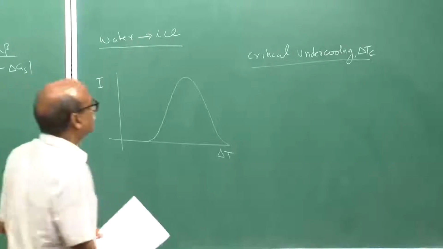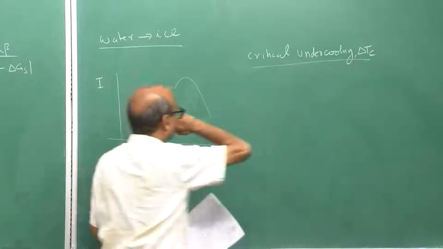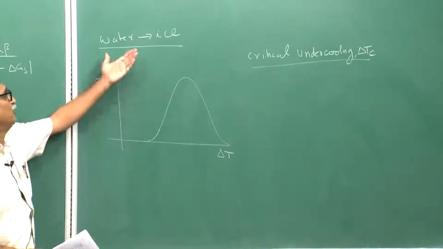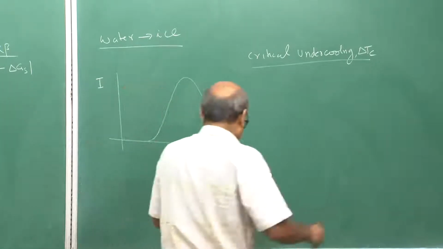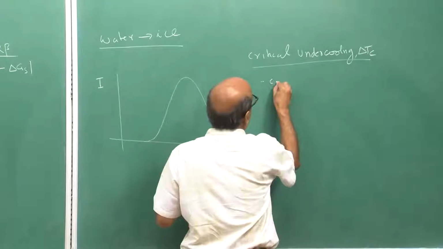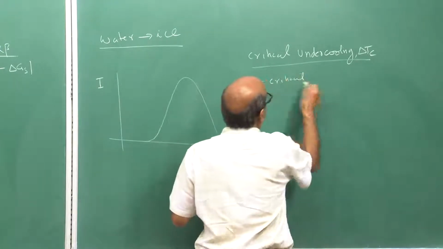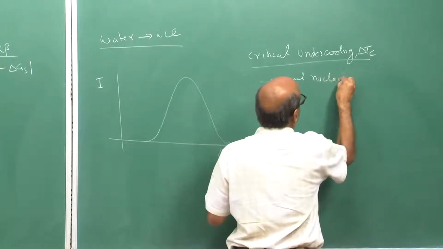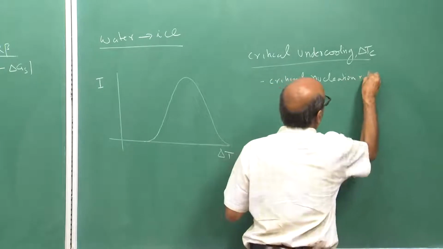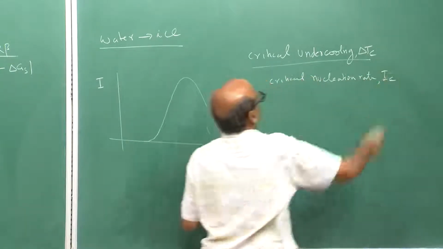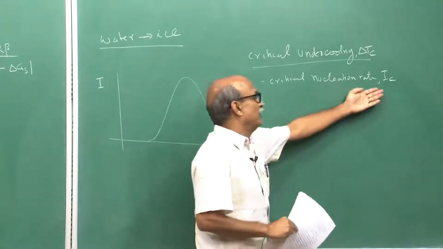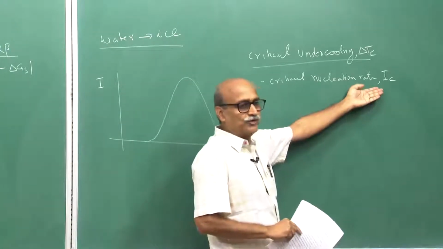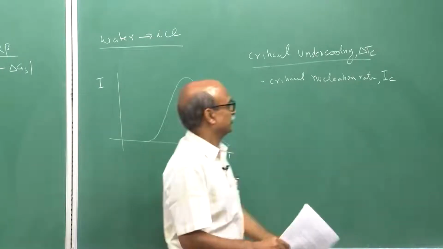And we had also computed this critical undercooling for different systems, including for water to ice. And in that we had assumed that there is a critical nucleation rate. If the nucleation rate is very, very small, then there will be essentially no phase transformation taking place which we can measure.